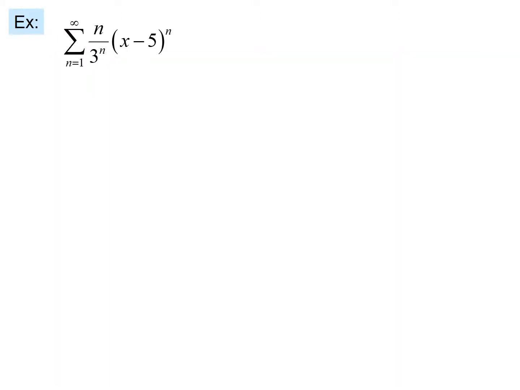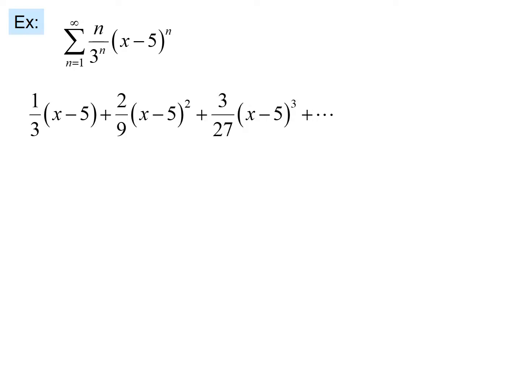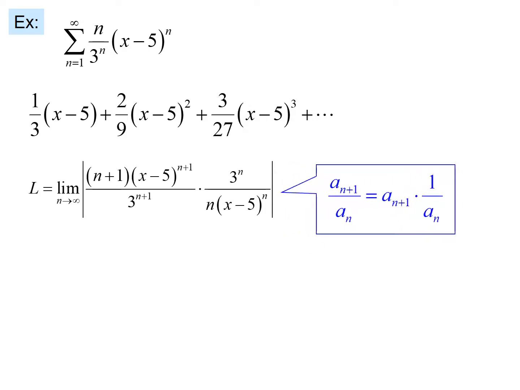Okay, we can look at this series here. Notice this series contains x. So x is a variable, could take on potentially any value. Here it is expanded. And we can apply the ratio test. So we take the limit as n goes to infinity. First, we increase n by 1, and we divide by the nth term, which is the same as multiplying by the reciprocal.